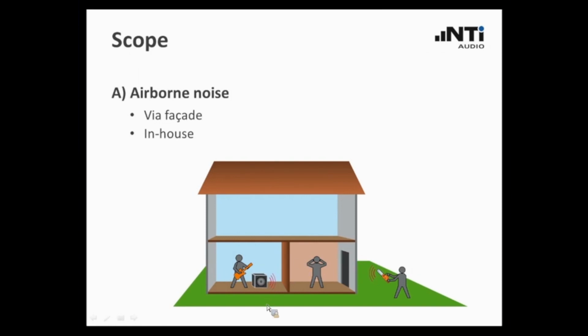In both these cases, the sound would be transmitted via the air. That's why we call it airborne noise. And this would either happen through the facade or in-house, which is the more common, more frequently applied measurement.